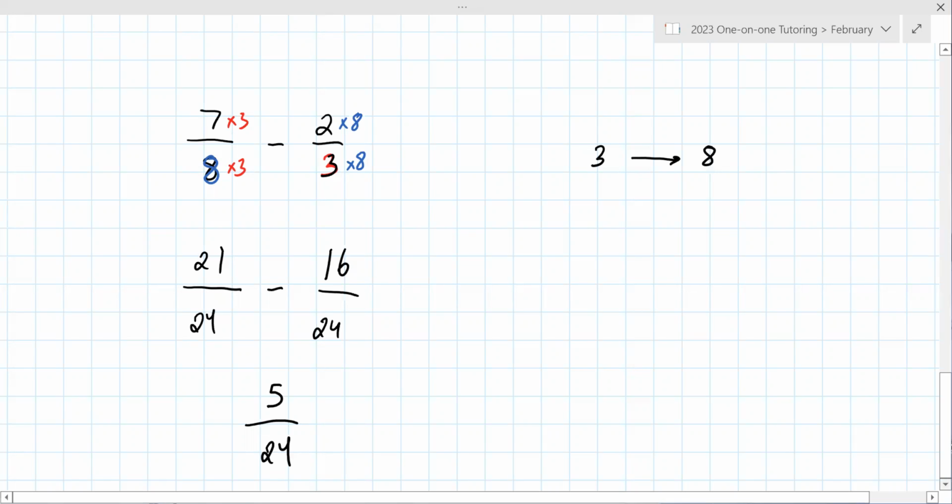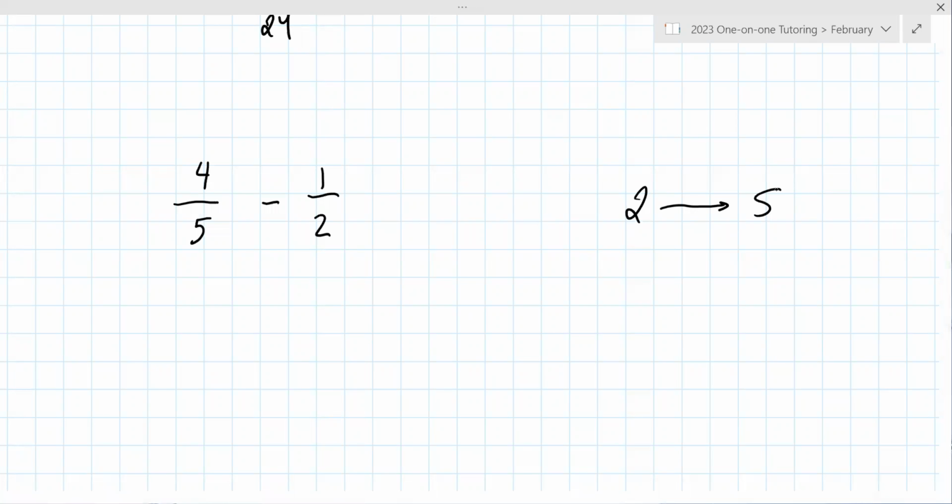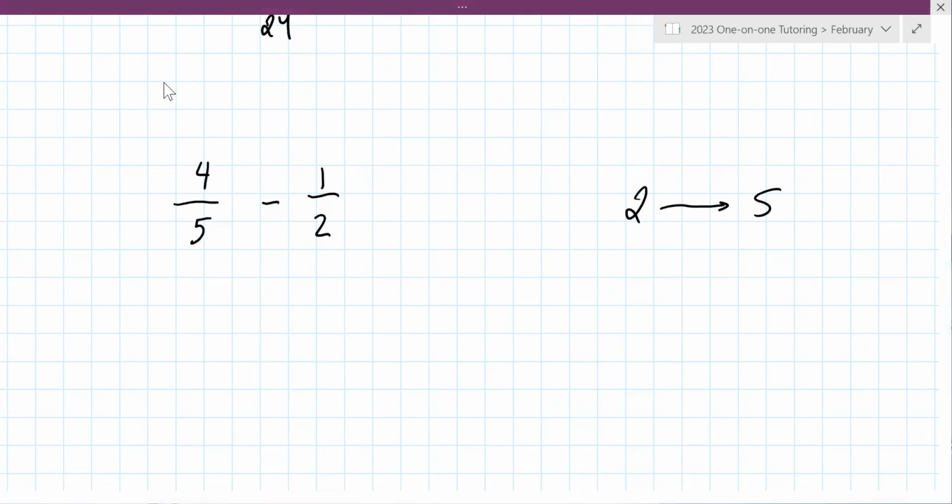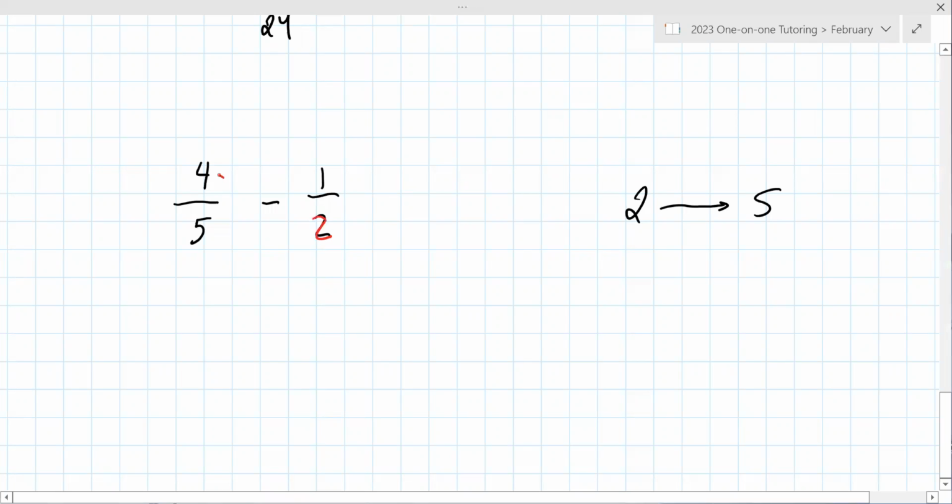All right, so let's try another one here. Let's say it's 4/5 minus 1/2. So again, notice you cannot go from 2 to 5. There's no number that allows you to multiply in to get 5 from 2. So what you can do though is multiply the 2 by both on the left here.